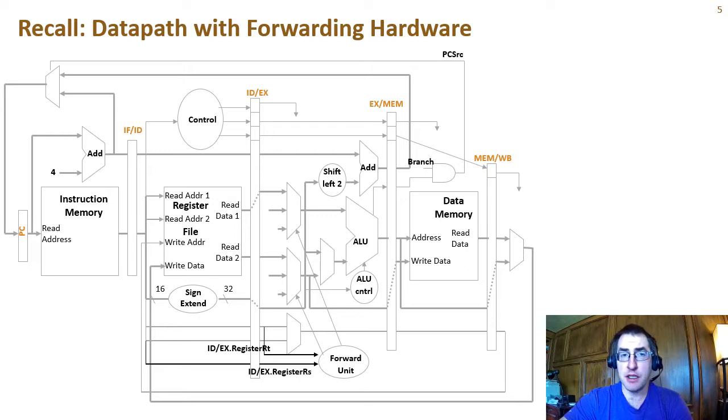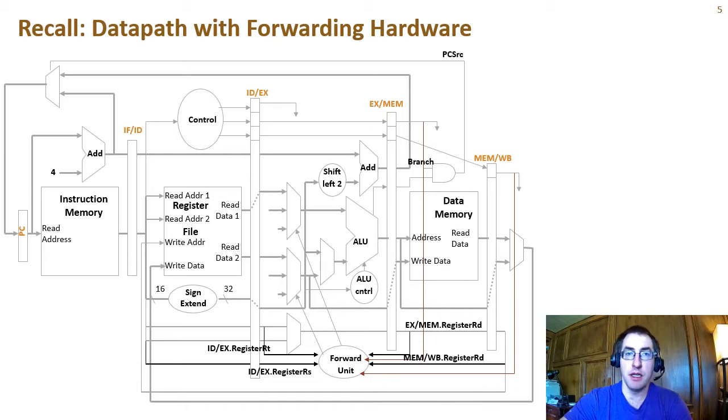So the forwarding unit needs the source operands of the executing instruction, so the instruction that's in the execute stage, and it needs the destination of the instructions that are in the memory stage and the write back stages, along with their control signals to determine whether they will write to the same register that the instruction in the execute stage needs to read from.